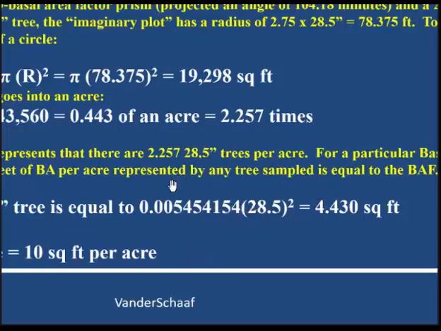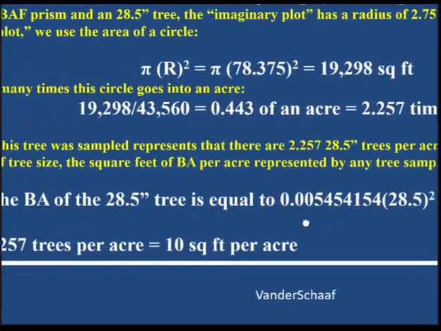It doesn't have to be at 4.5 feet, right? But this diameter measured in inches going to area in square feet. And then we multiply that by the diameter in inches, and we square it, right? That squared gives us 4.430 square feet for that individual tree.